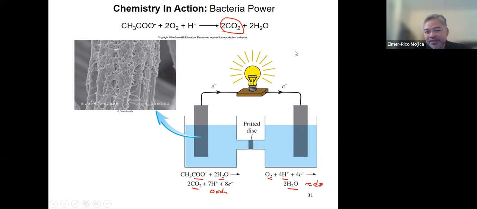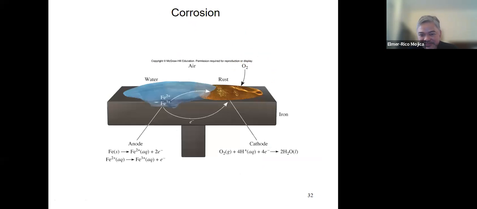Okay. Now, another aspect that is related to redox is, we could say, the negative side. And this has something to do with corrosion. Okay. They said if you're able to invent something that will make your metal last forever, then I think you're going to get rich.